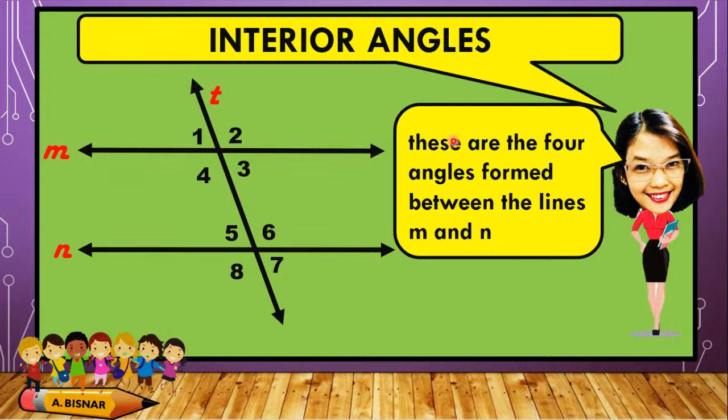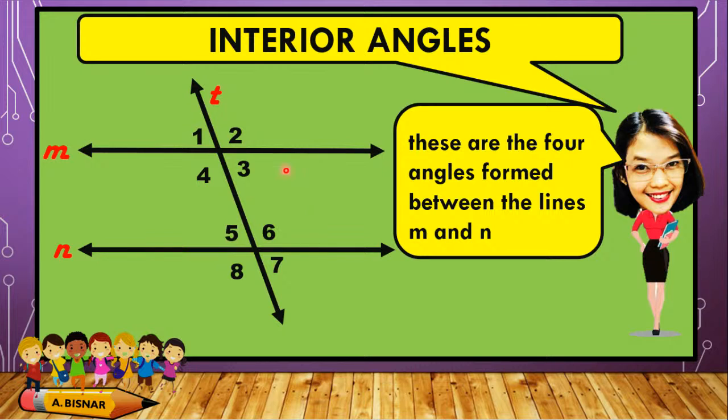Because from the definition, these are the angles formed between, sa gitna, ng line M at line N. Ito yung line M, ito yung line N. Ano yung mga angle na nabuo sa gitna?